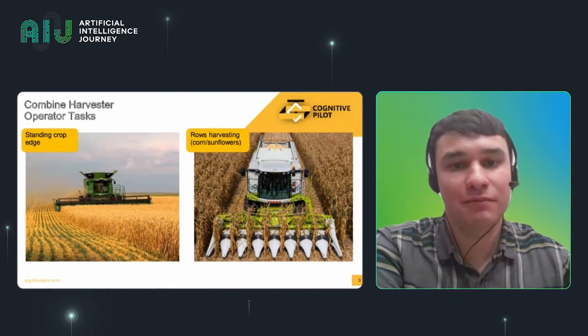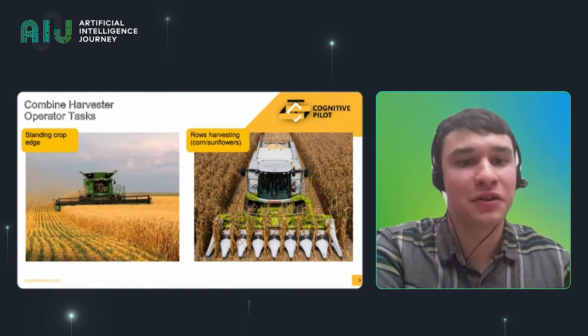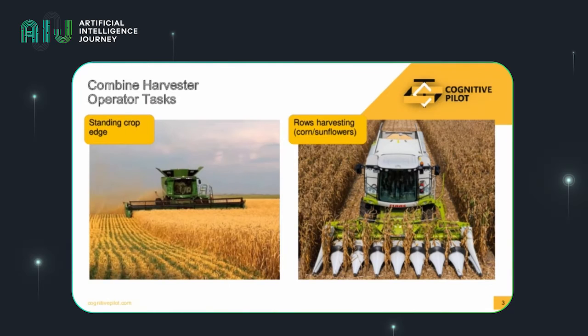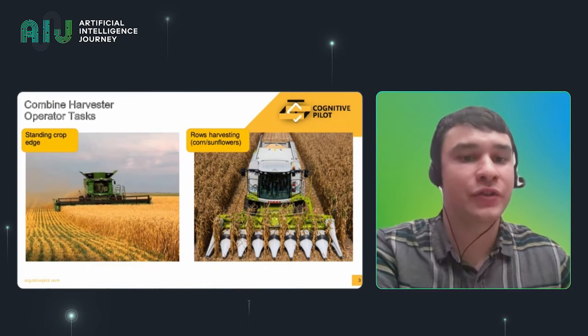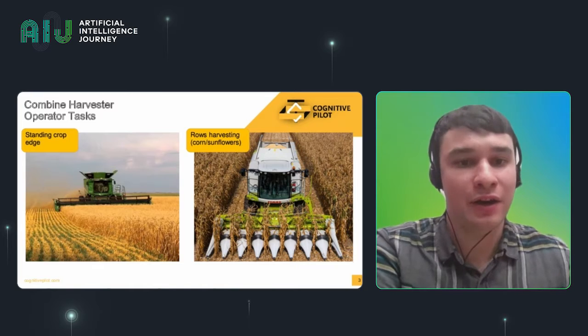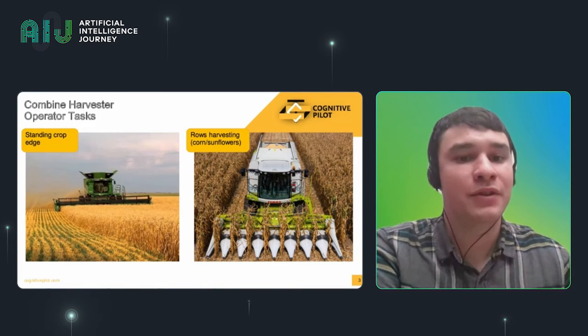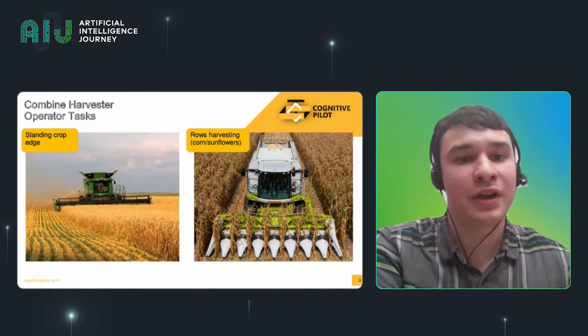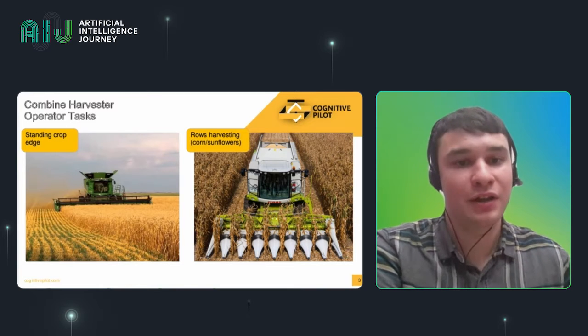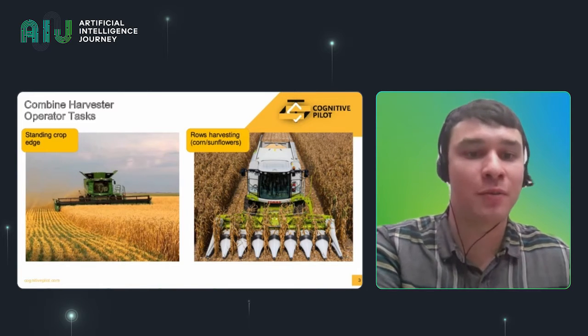So on this picture, you can see the harvesting of the wheat on the left side and harvesting of the corn rows on the right side. In the first case, the operator should minimize the cross-track error between the edge of the header and the edge of the standing crop.